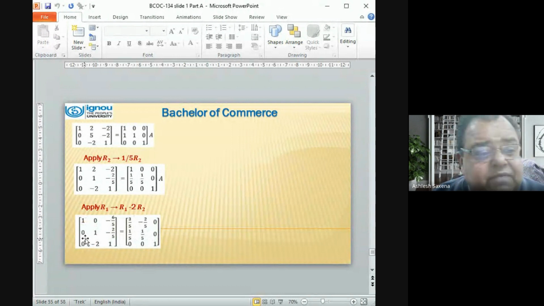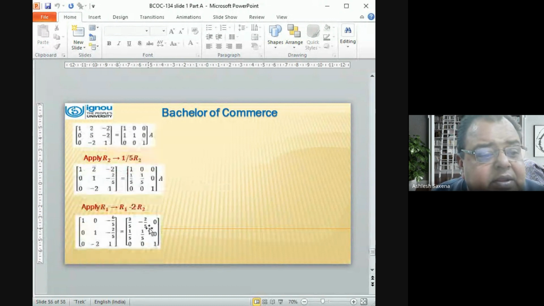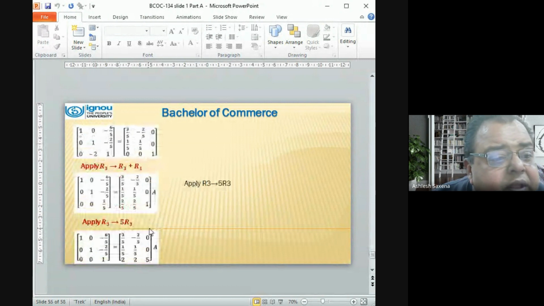Now you can see that there are some changes in this, and these elements have been reduced. Moving further, now what to do? We have to make this 0. So for making this 0, we have to apply R3 tends to R3 plus R1.